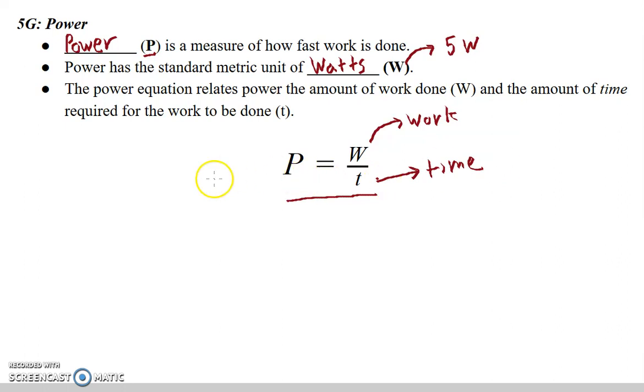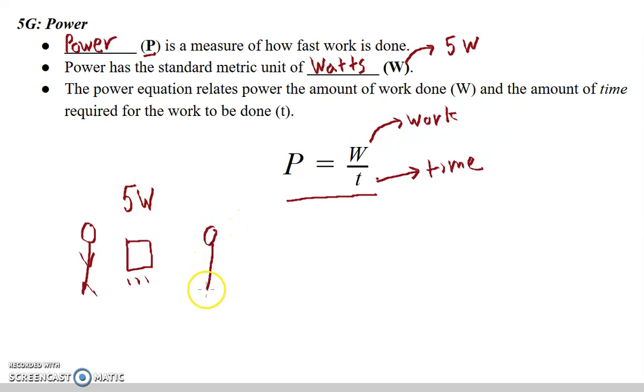So let's give you a quick example. Let's say there was a large box. Let's say you lift that box at a normal speed, and let's say you do 5 watts of work on that box.